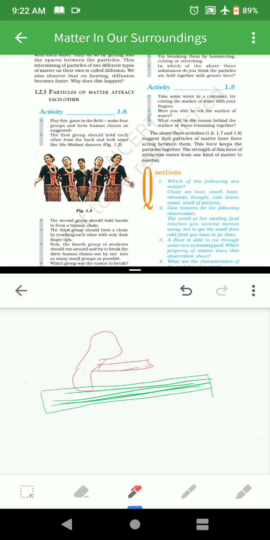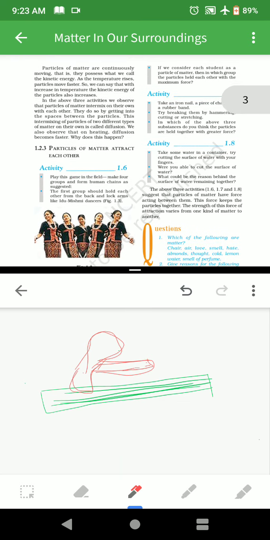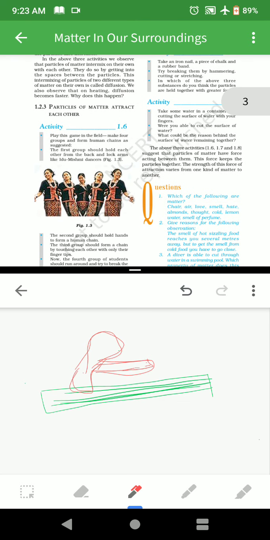If you give some pressure here, then what will happen? Again it will force you back. What does it seem? It seems that the particles of matter are attracting each other. That's why you cannot force it or you cannot drag it.